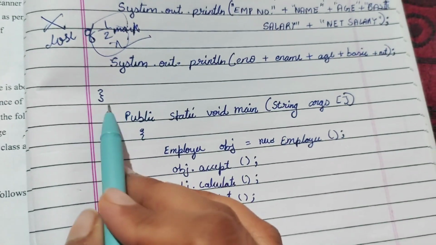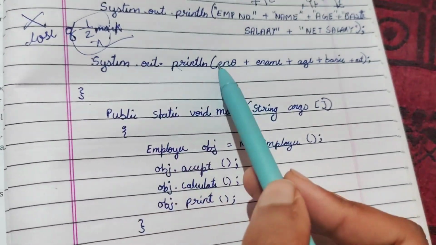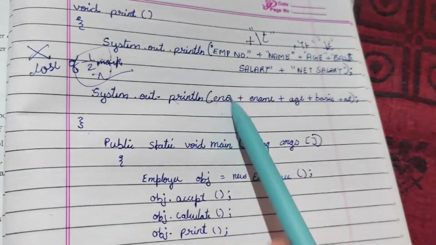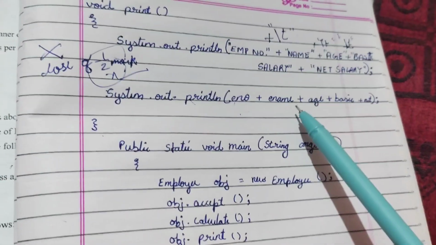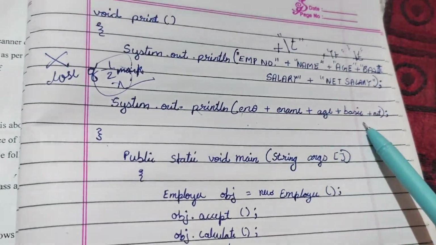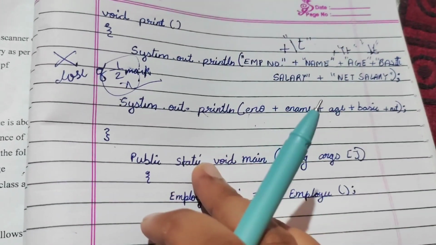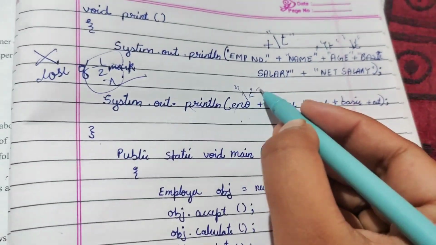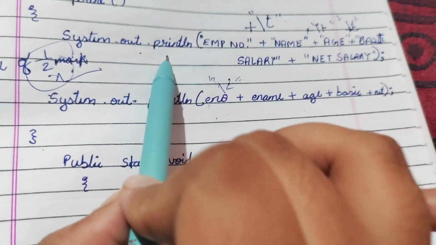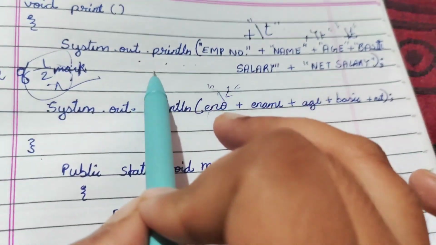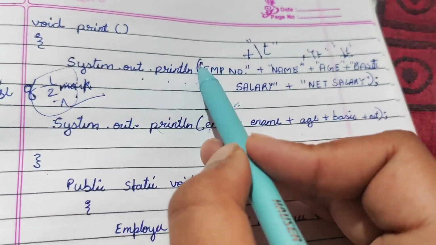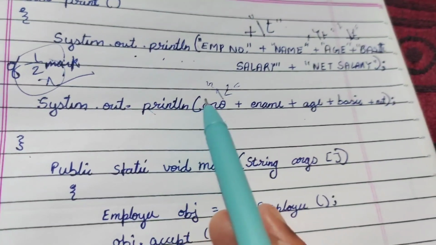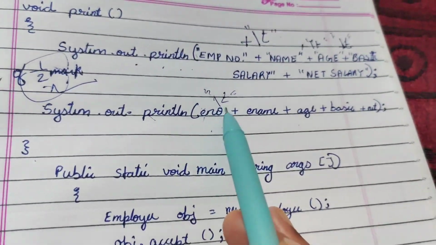Then System.out.println, we have to print employee number, name, age, basic and net. Here also mention \t. Remember, in println, I have put inverted commas here, but here I have not.